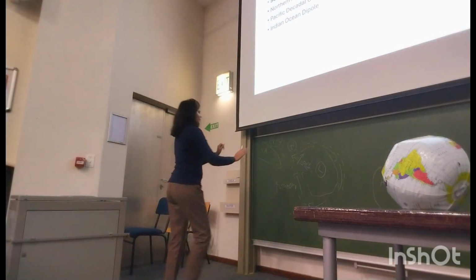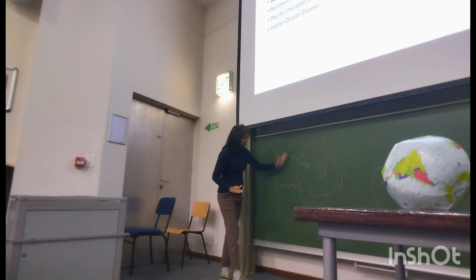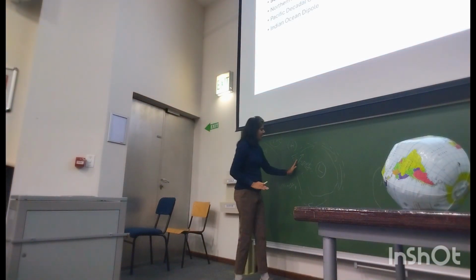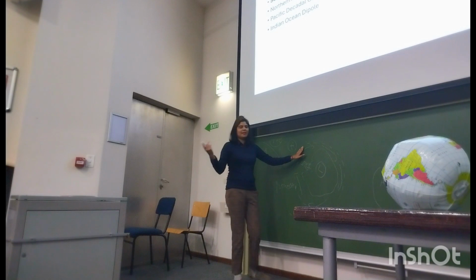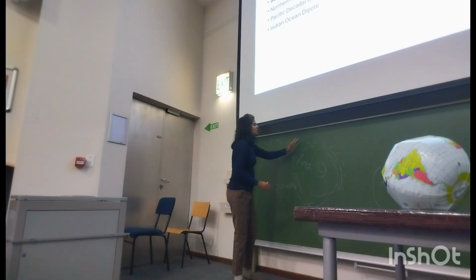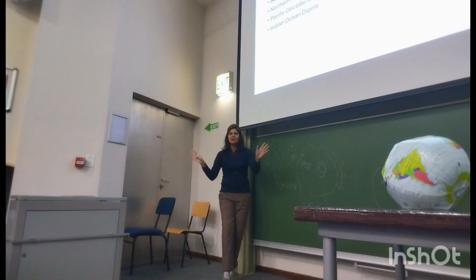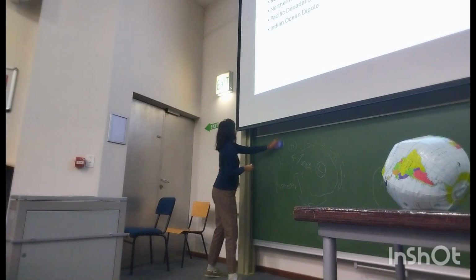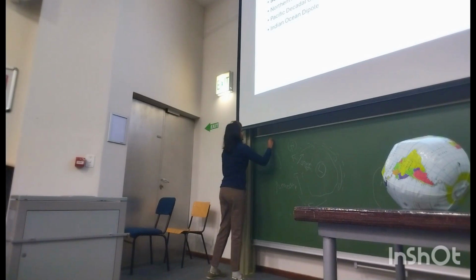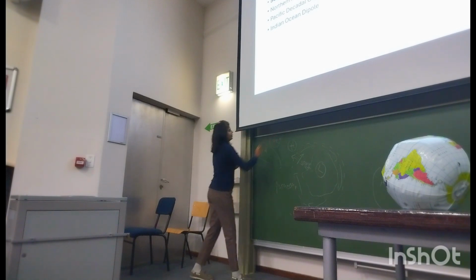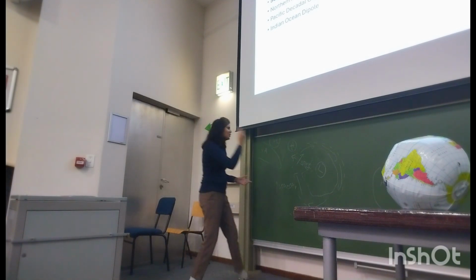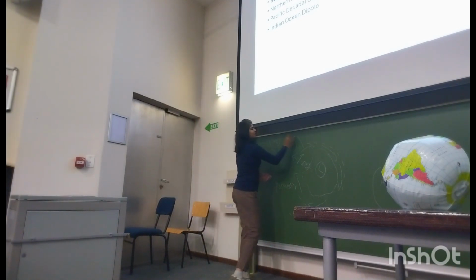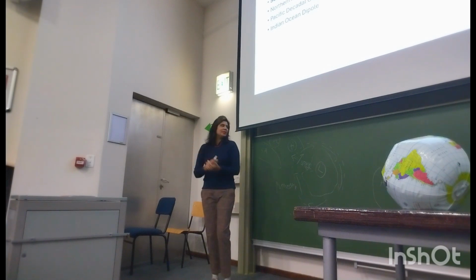So I just explained my STF and my SWW, my southwesterly winds, which were moving poleward, but now in a negative phase of the SAM, it's now going to move towards the north, okay?